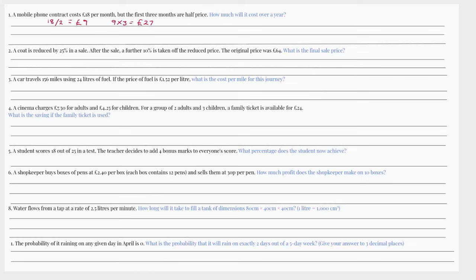Now we have to work out the remaining months because it wants us to work out a year. So we've got 9 months left.